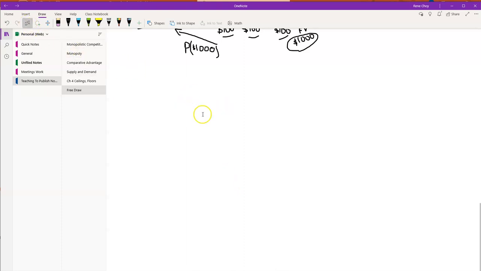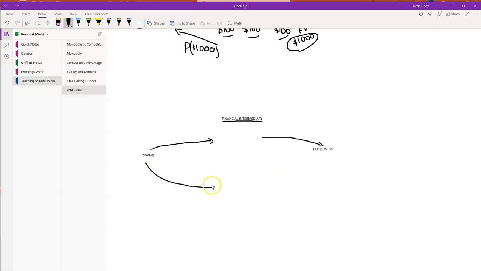So the purpose of financial intermediaries is to transfer money from the people who have it, let's call them savers, to the people who need it, let's call them borrowers. So a financial intermediary is basically a middleman between savers and borrowers.